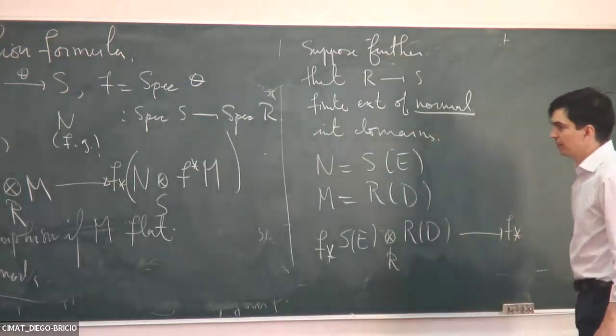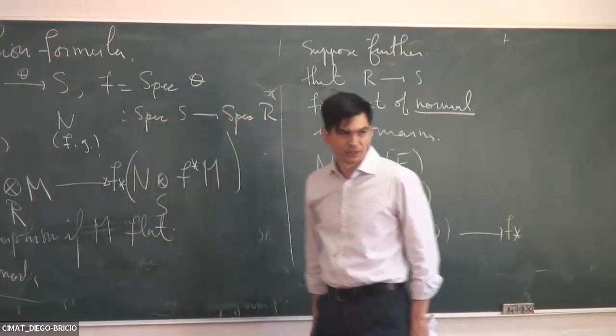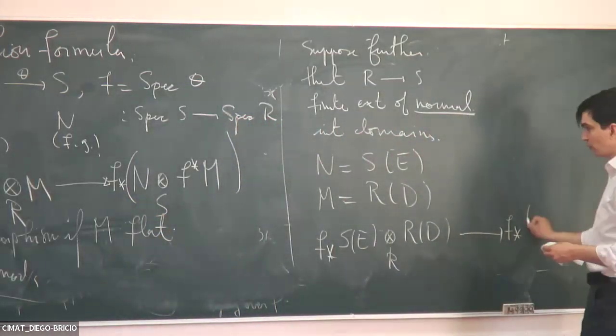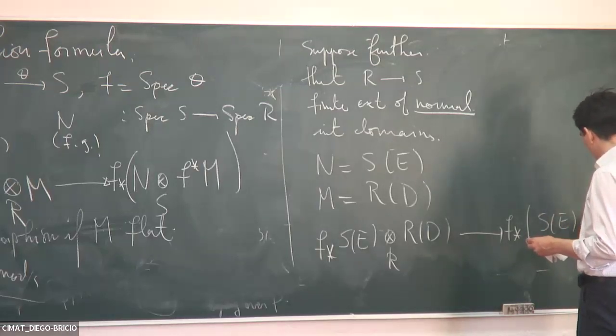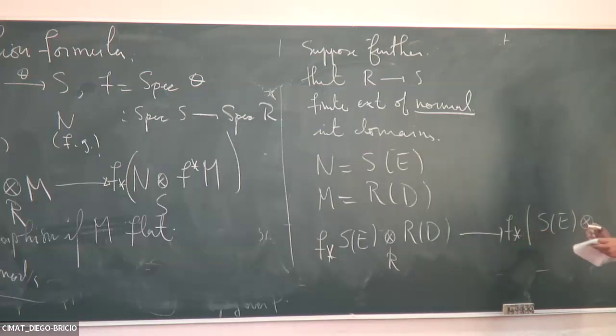If you go and Google it, that's the way you're going to see it. So I have to push it forward and I have to compare to S(E). You see it starts to get ugly. So I'm going to tell you what it is right away.